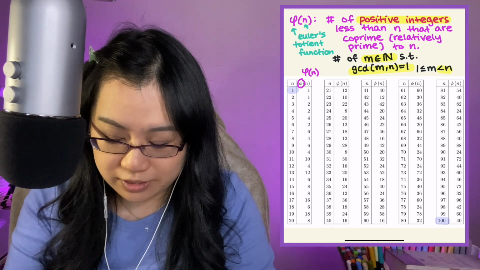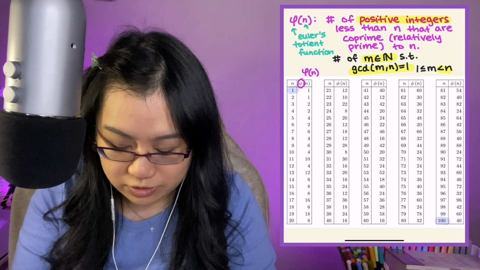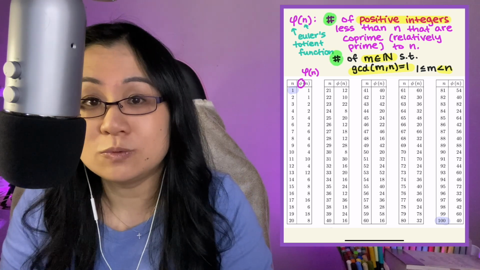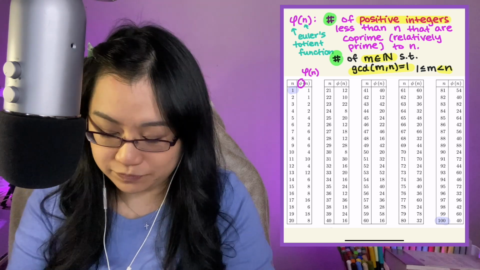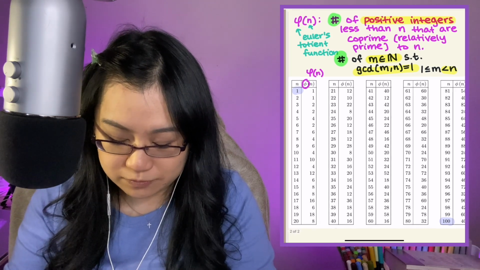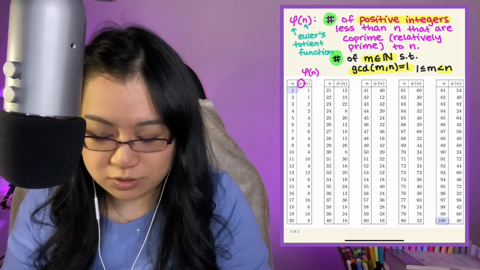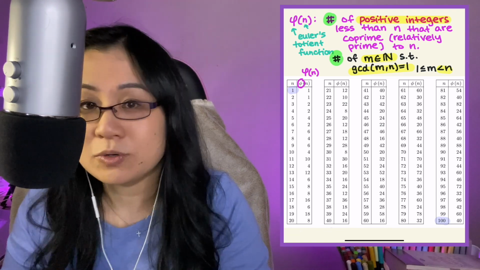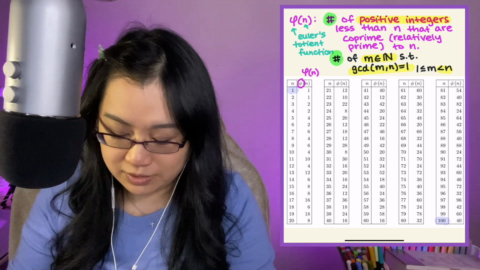So note that we just care about the number of them and not necessarily which ones in particular. Okay, so phi of n is going to give you the number of positive integers less than n that are co-prime or relatively prime to n.